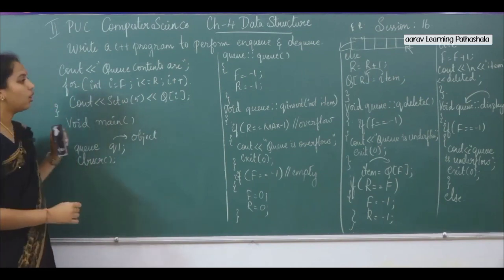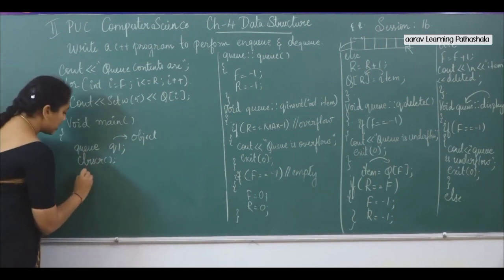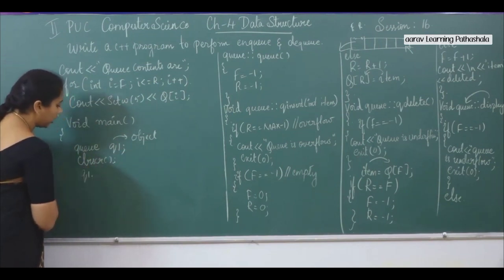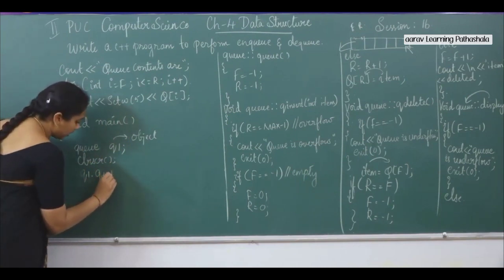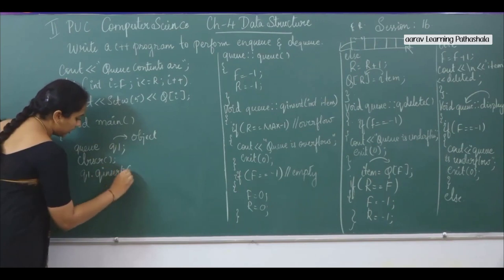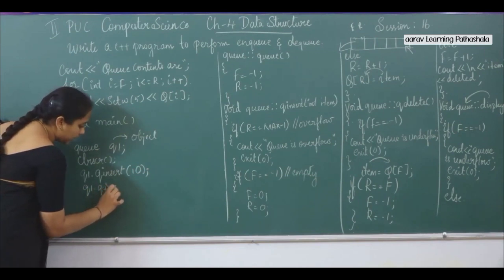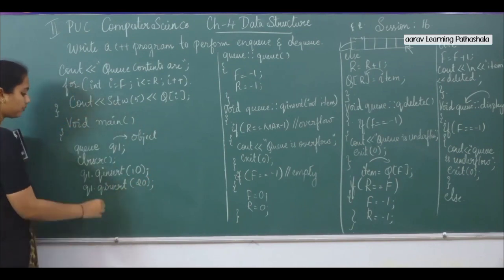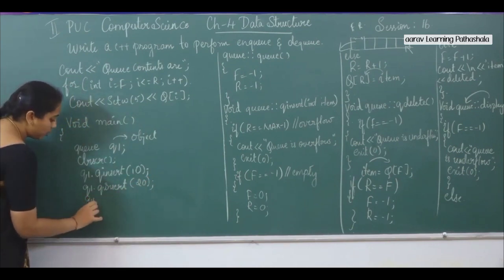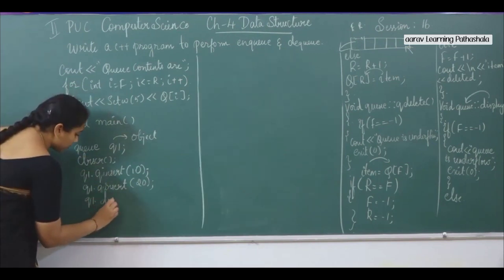Now I am going to call all the functions using the object name. That is Q1.Qinsert, and I am going to insert an item called 10. Again I use the function Qinsert to insert an item called 20. Next I call Q1.display to display the queue items.